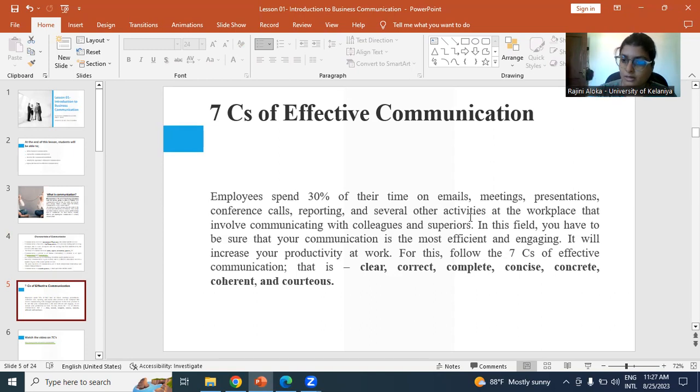Most of the time you are either communicating through emails, attending a meeting, going through a colleague's presentation, or presenting some findings. So it's mostly communication, and as I told you, it plays a vital role.